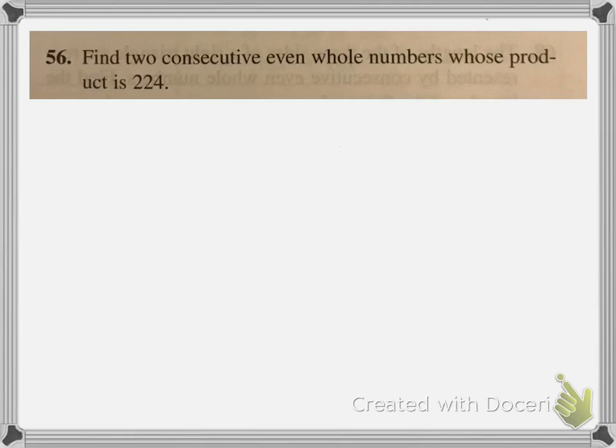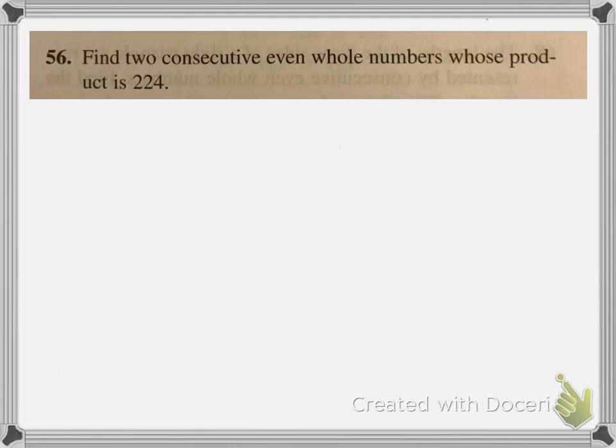So you want to make sure you have the process down when the numbers are rational, so that you can make sure you know how to do them when the answers are irrational. So here we go. Find two consecutive even whole numbers whose product is 224.